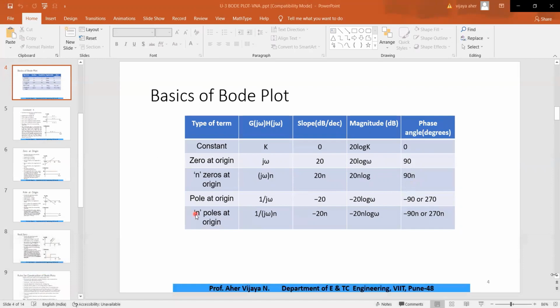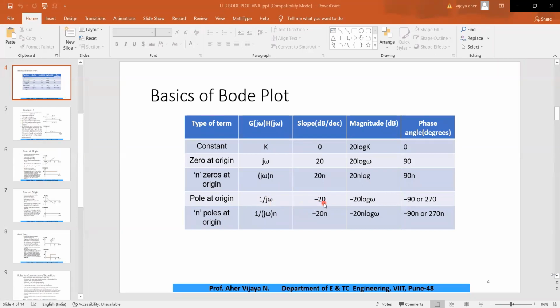Now coming to poles. All zeros are present at the numerator, whereas poles are available at the denominator. So pole at origin. You have to write for pole 1 divided by s, that is 1 divided by j omega. Now in that case, slope you will get for pole is equal to minus 20 dB per decade.